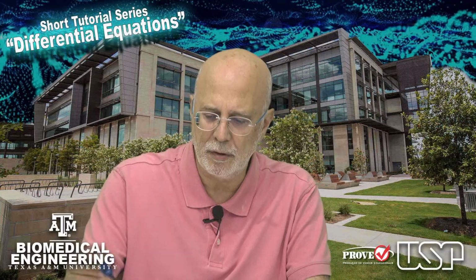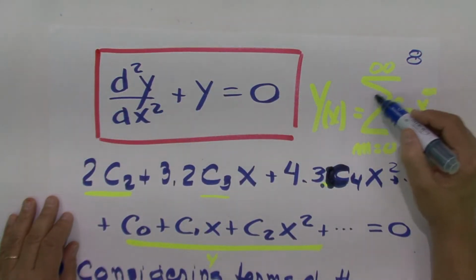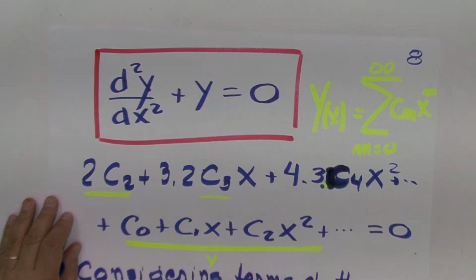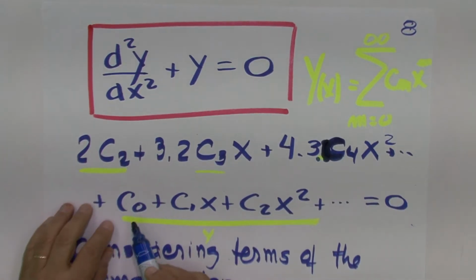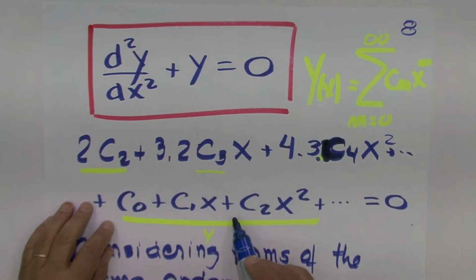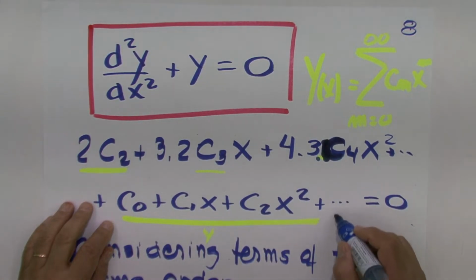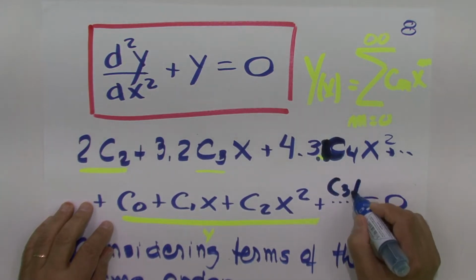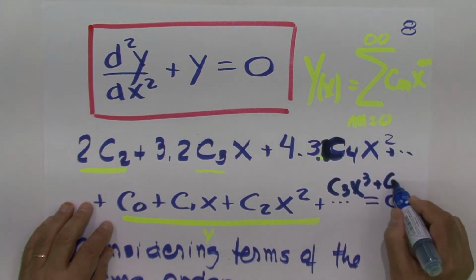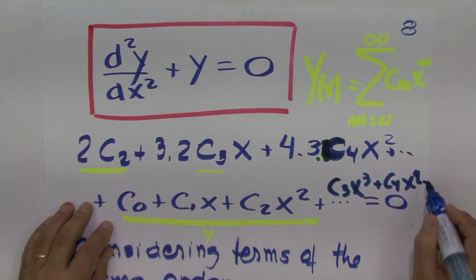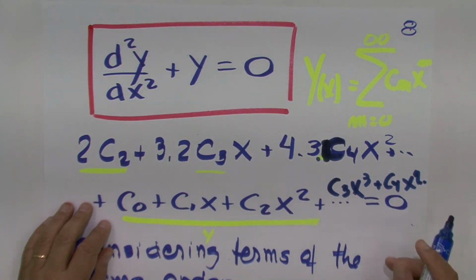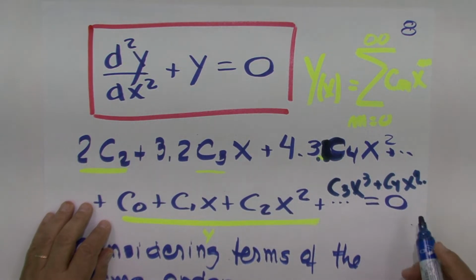So let's then substitute the series. We have the series in the equation. The function is this term here, c0 plus c1x plus c2x squared plus c3x cubic plus c4x to the 4 and so on. I put extra terms here so you're going to see what the first derivative is.